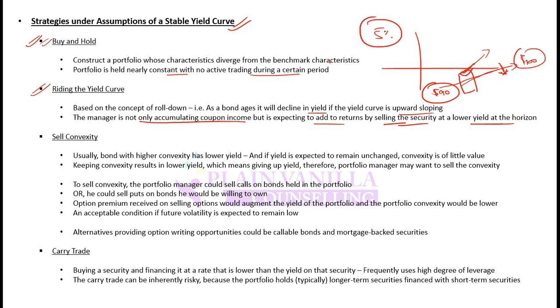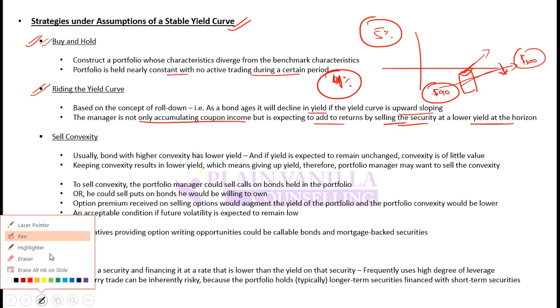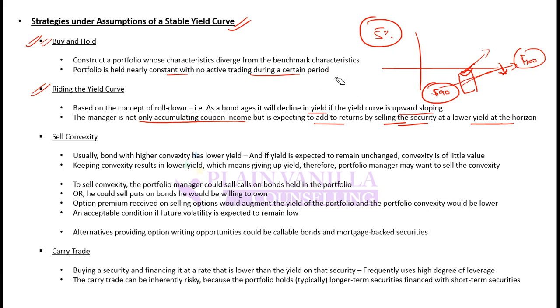If in future yields decrease, let's say to 4%, the price goes up. But if yields increase, let's say to 6%, then the price of the bond will decrease. That means you have lost on this bond.